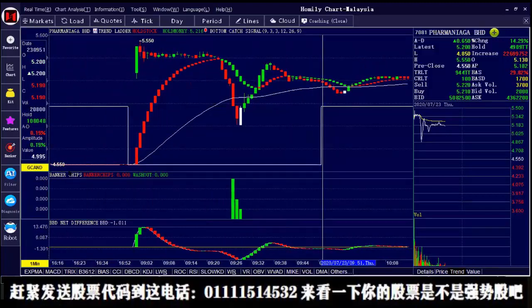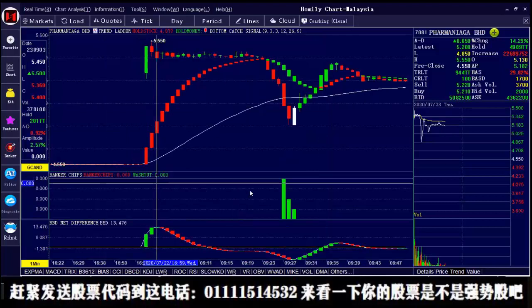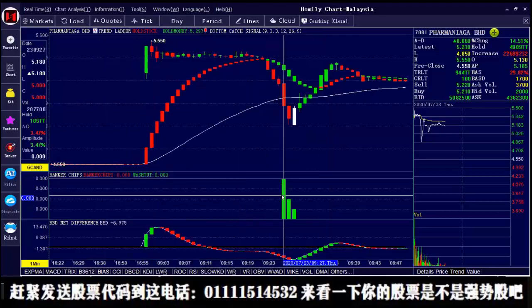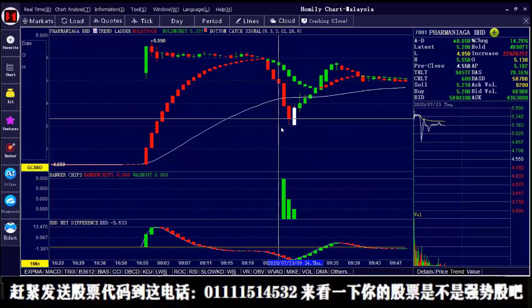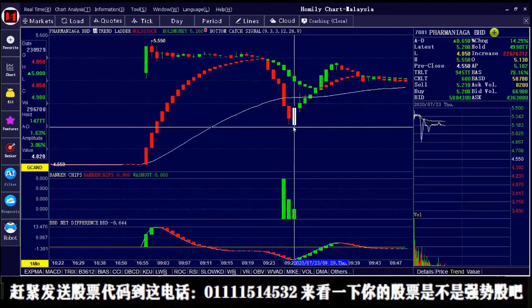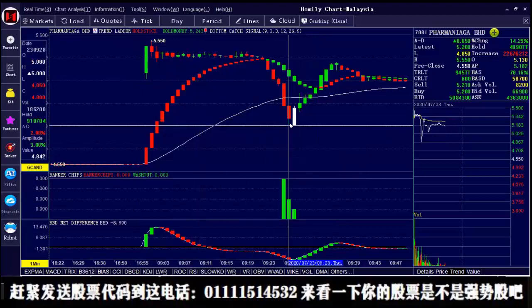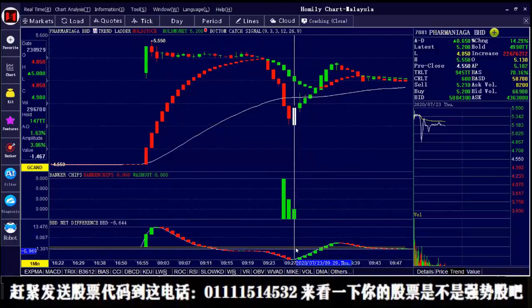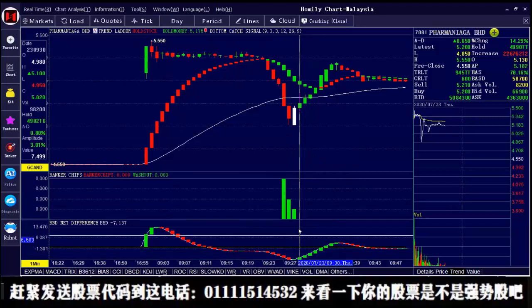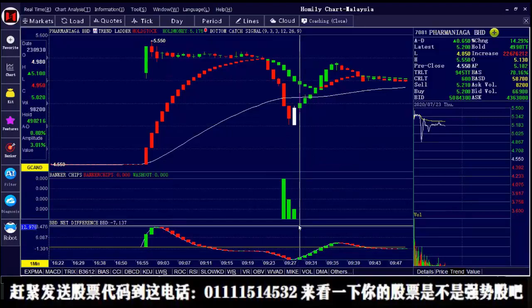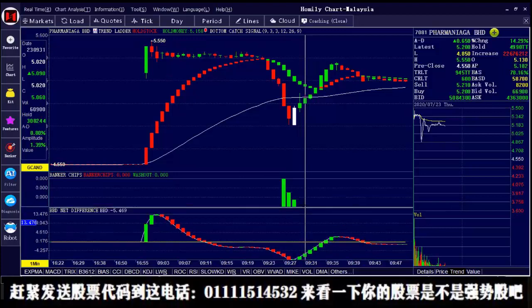For the buy point, we use the banker chips as the indicator to forecast whether the low point will appear or not. And the red candle is the bottom confirmation. So once you see the red candle appears, at the same time you confirm with the BBD net difference, the big money increase.